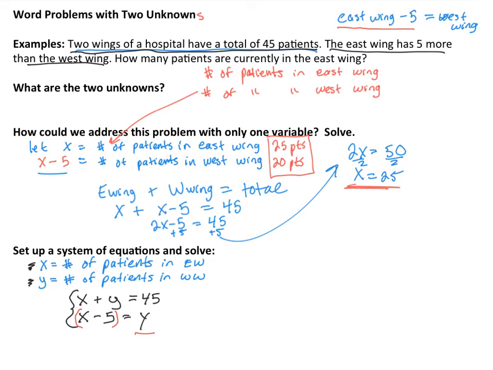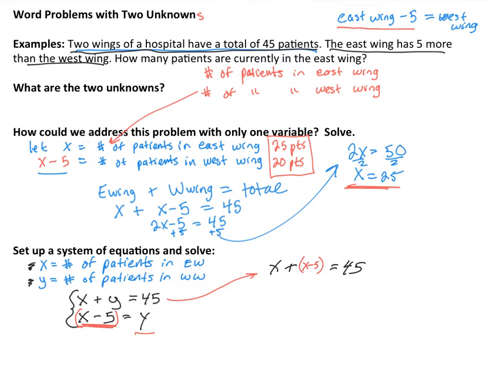So what I can do is actually take this first equation, and anywhere I see a value of y, I can pick up that y and replace it with x minus 5. Why? Because those are equal. Y is equal to this quantity. So I'm going to take this equation, x plus, and anywhere I see a y, I can replace that not with a y, but with this quantity right here, x minus 5.